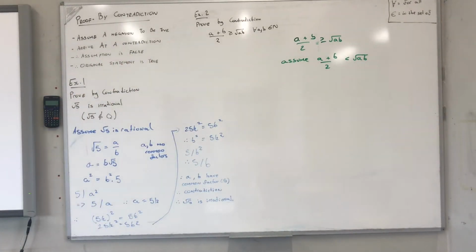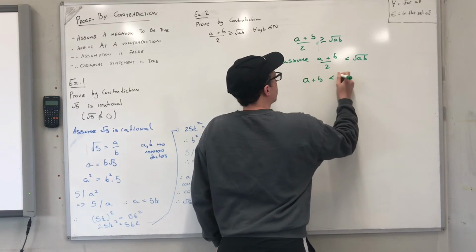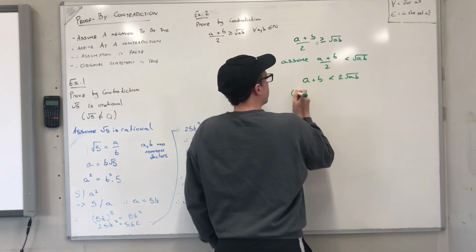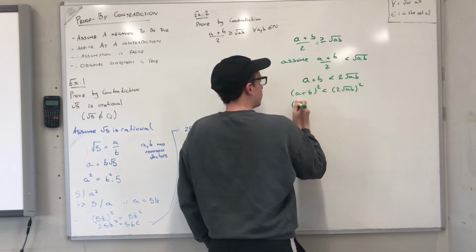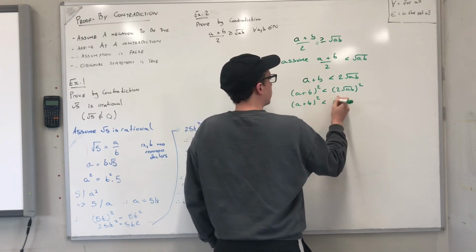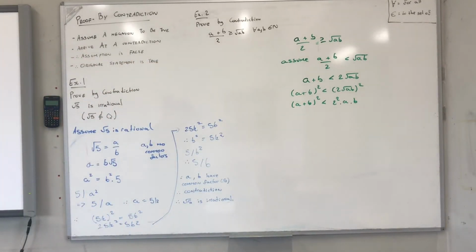So there I've assumed that a plus b over 2 is less than the square root of ab. Okay, so now I've got to do some algebra to end up with a contradiction. Okay, so let's see what happens. So there we've ended up with a plus b all squared is less than 2 squared times ab.